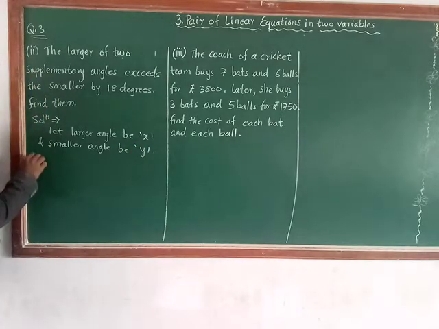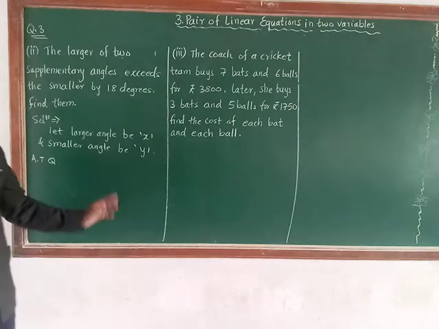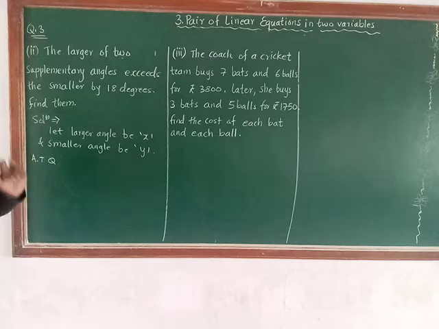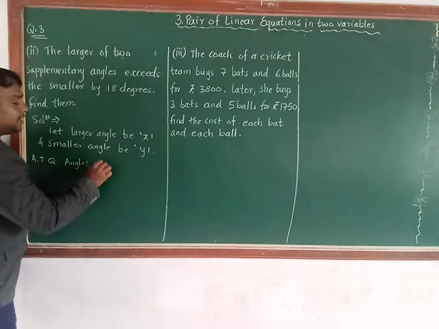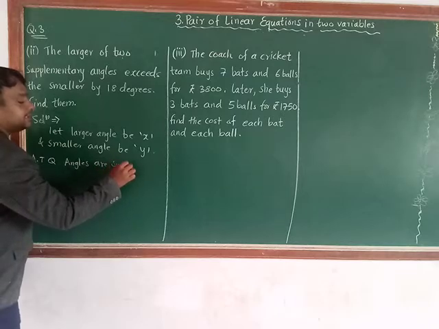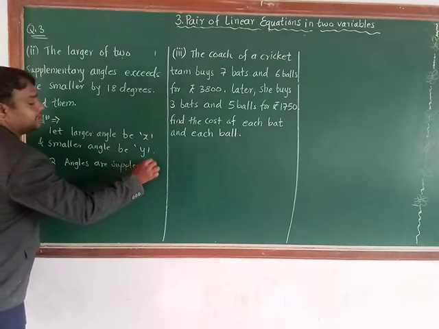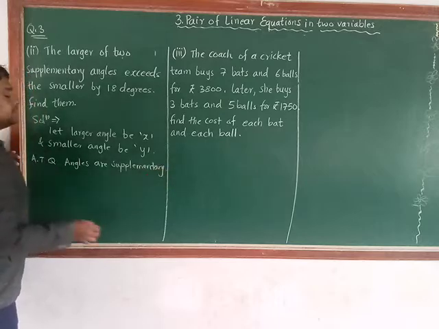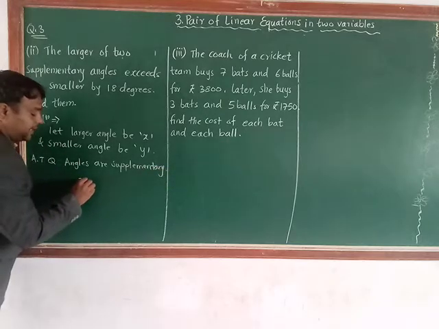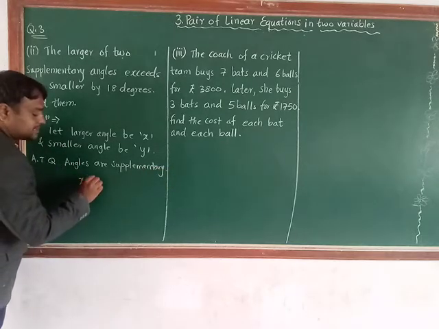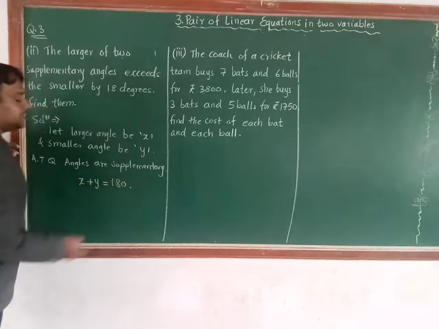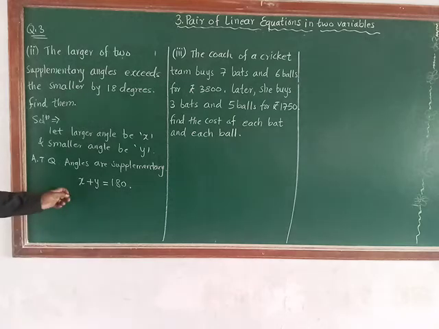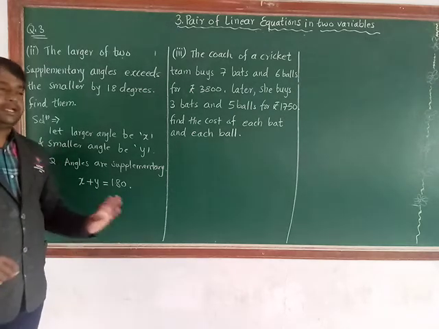As per the question, we know that the angles are supplementary. So angles are supplementary, and that means we can write in mathematical format. That means x plus y, the sum of both angles, is 180 degrees. So here we got the first equation, x plus y is 180 degrees.